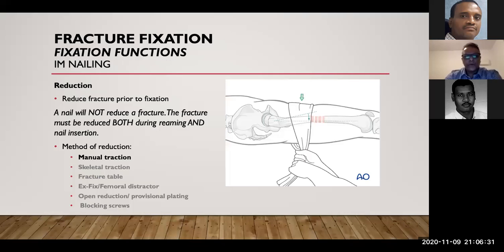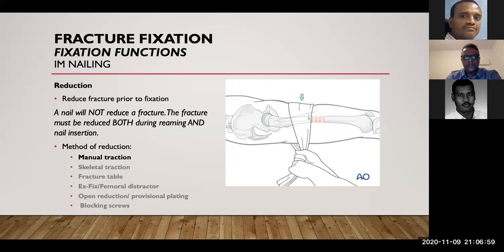The second point when using a nail is the reduction. The nail itself is not a device to reduce the fracture. So you have to reduce the fracture prior to any fixation. A nail will not reduce your fracture, and you have to maintain this reduction while you're reaming, because this will create the path for your nail, and also while you're inserting your nail.